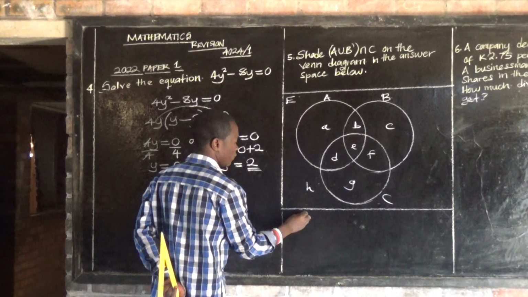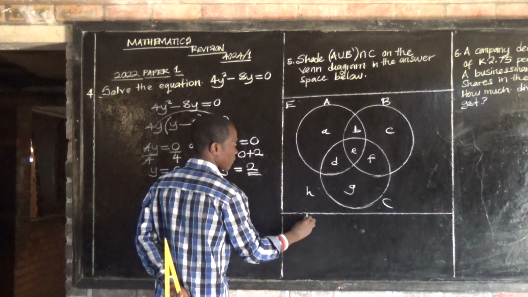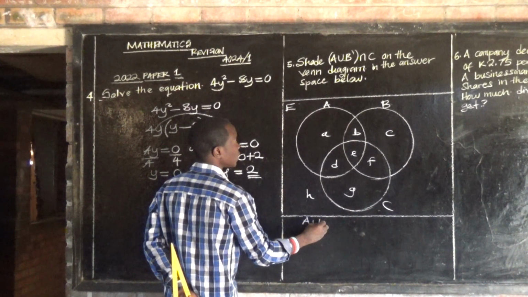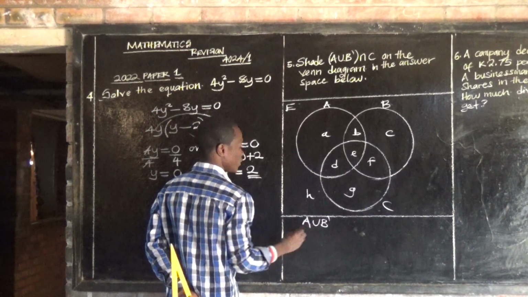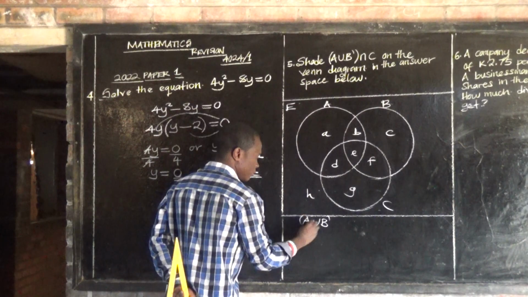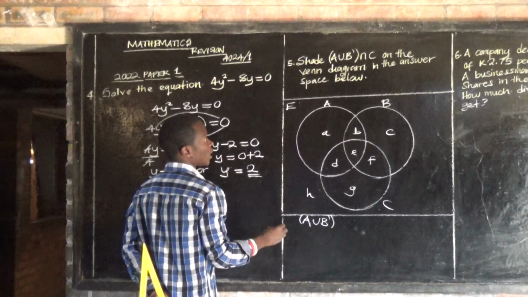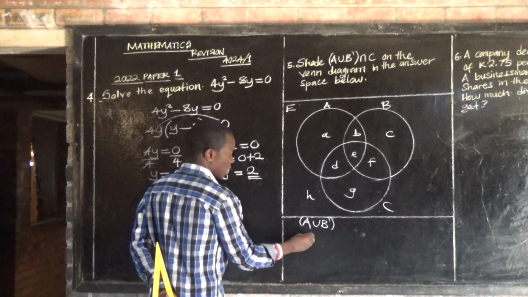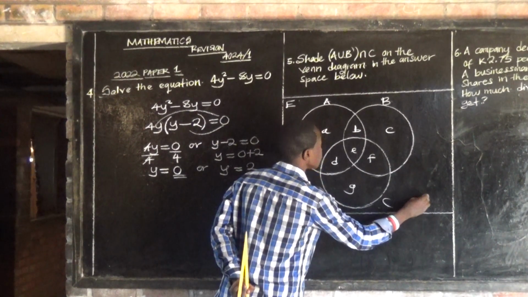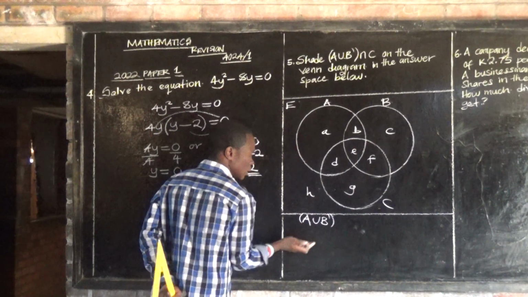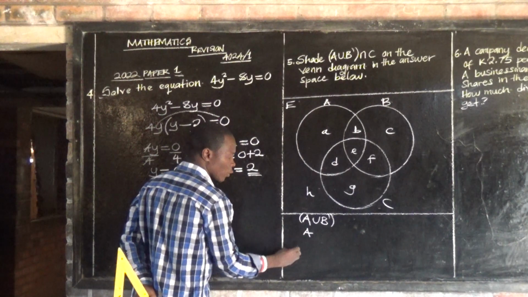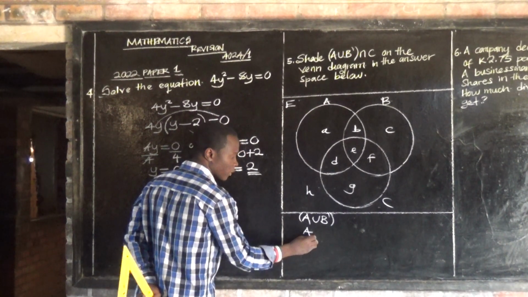So we have A union B complement. Then we also have set C. First, let us list A. Then we are going to list B complement all together.